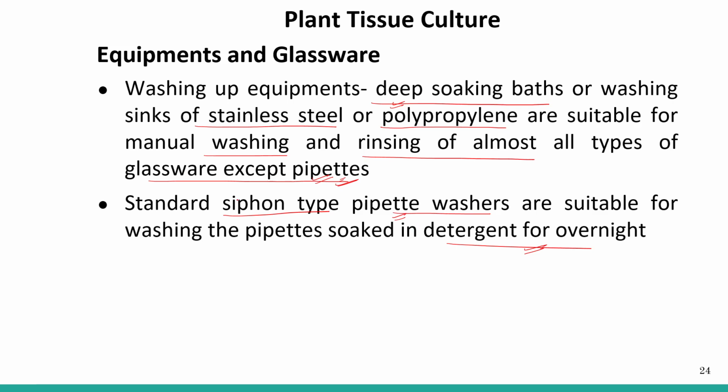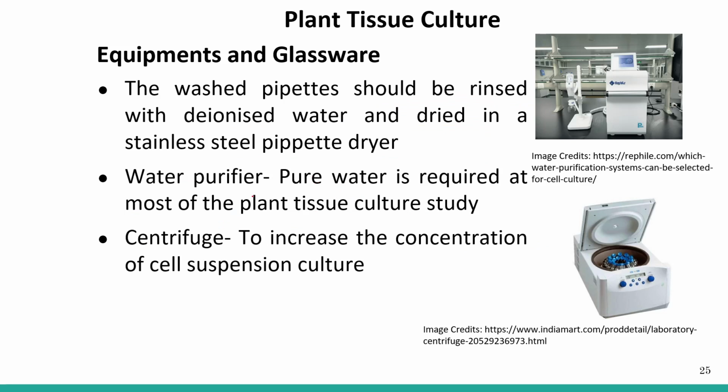So they require a standard siphon type pipette washer. So this is very specific. The washed pipette should be rinsed with deionized water and dried in a stainless steel pipette dryer. So now you can see how specific they are. They require a specific dryer for a specific type of glassware, like the stainless steel pipette dryer.